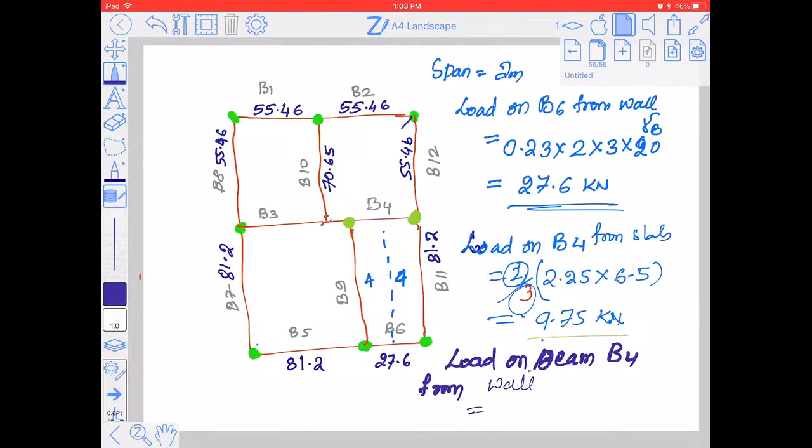Already we have calculated the load on beam B6 as 27.6. That is because of the wall, and the load on B4 is also the same. The 2 meter is there. That is 0.3 into 2 meter into 3 meter height into 20 density. We will be getting 27.6 kilonewton. One is the load from the slab, 9.75 kilonewton, and the load from the wall.